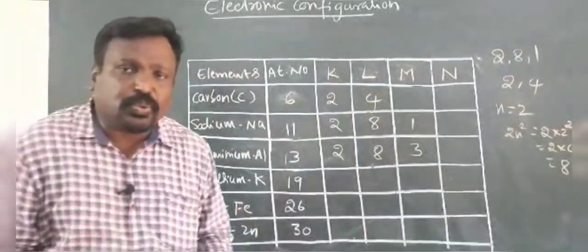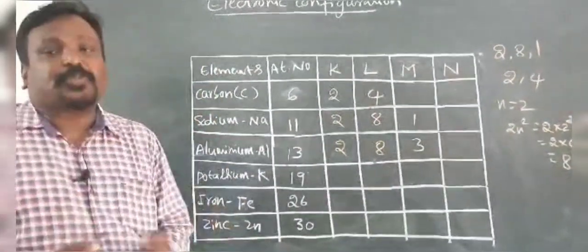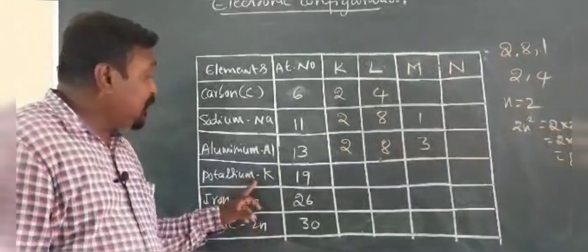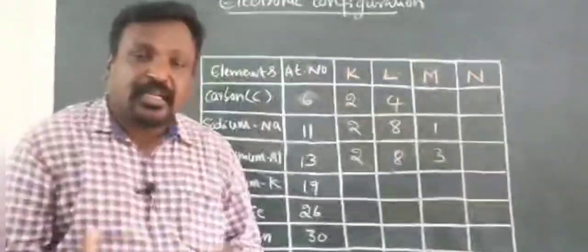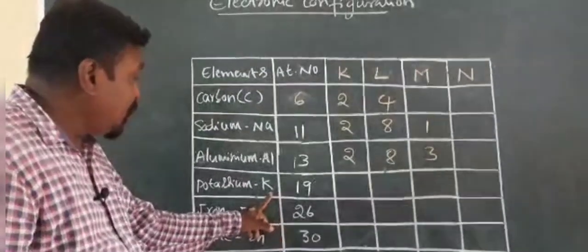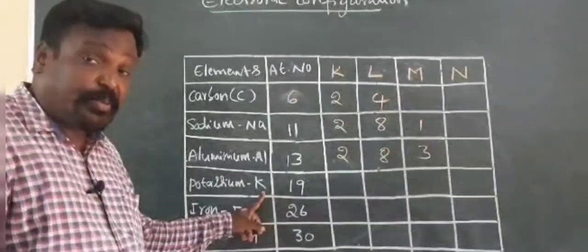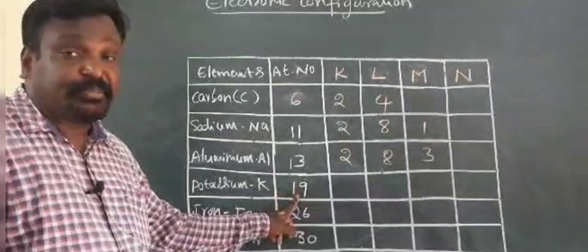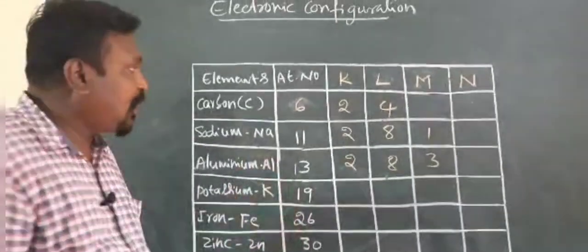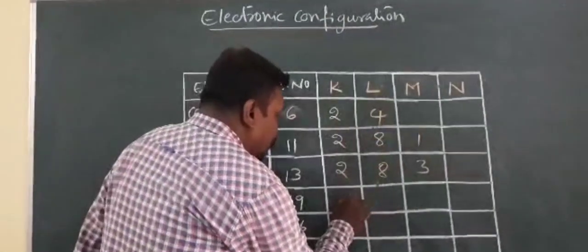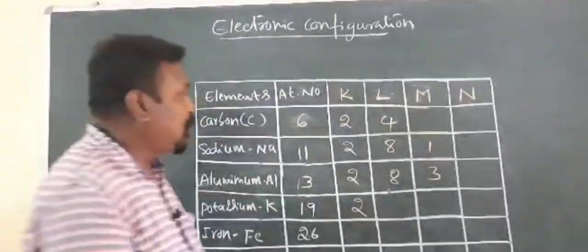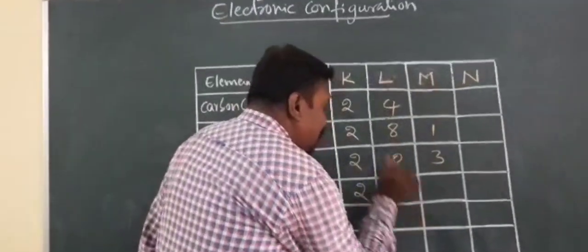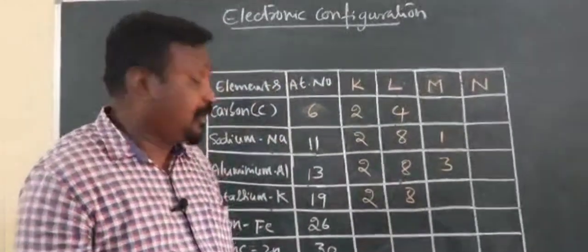Now, let us go to an interesting aspect. Let us see the electronic configuration of potassium. Observe the atomic number of potassium, it is 19, correct? As you know, K shell will have 2 electrons and L shell will have 8 electrons, that is 10.